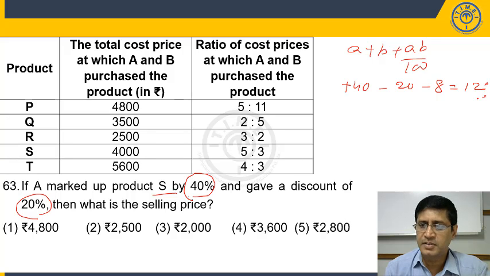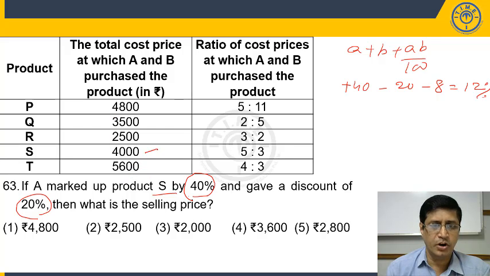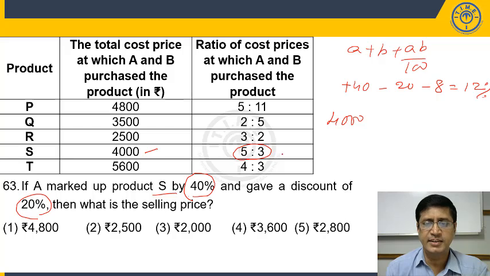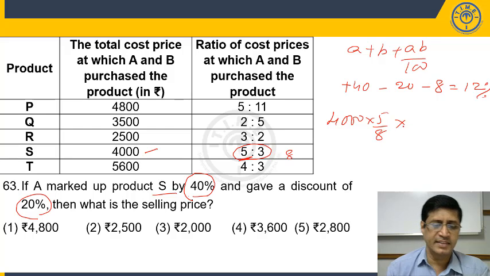So the effect here is an increase of 12%. Now the S product is 4,000. The sum of the ratios is 8, whereas the A value is 5, so 5 by 8.